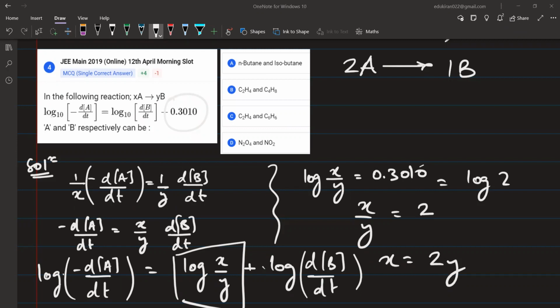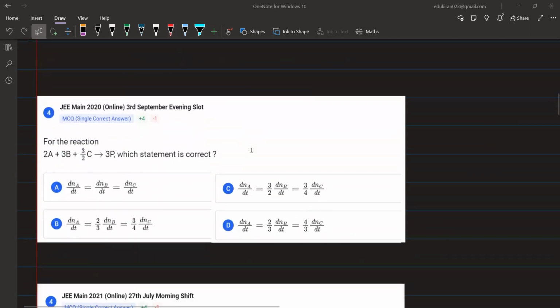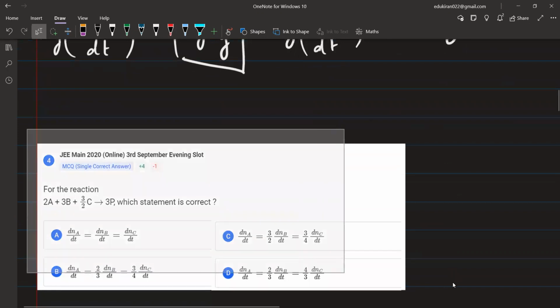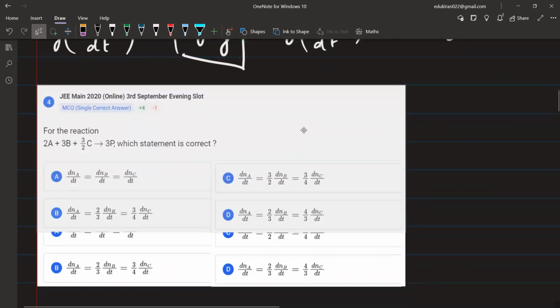So option B. Yeah, correct. It is a doubling relationship. So if I have 2C2H4, it is going to give me C4H8. So the B option will be correct. Will you write this down? Yes, sir. Aditya, done? Yes, sir. Okay. Try this one. This is also based on the similar concept.